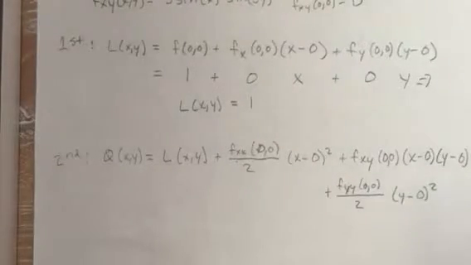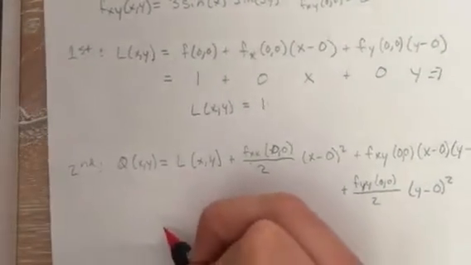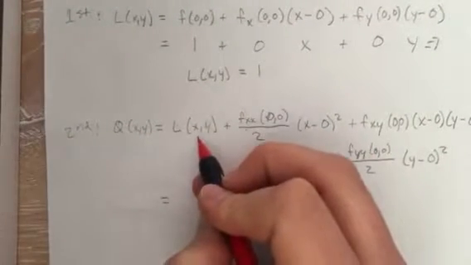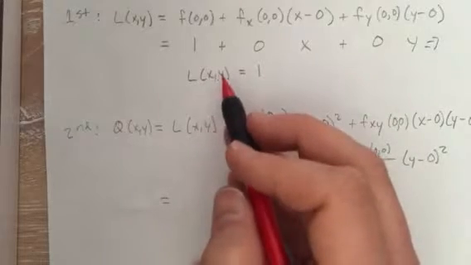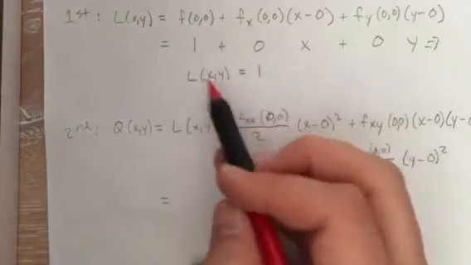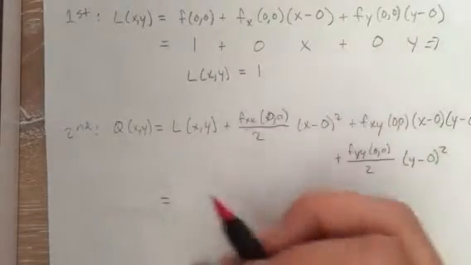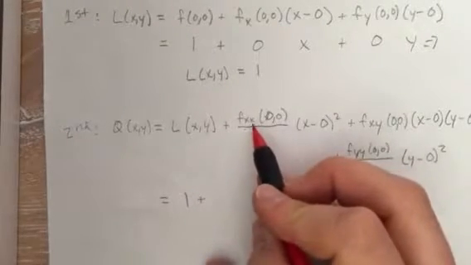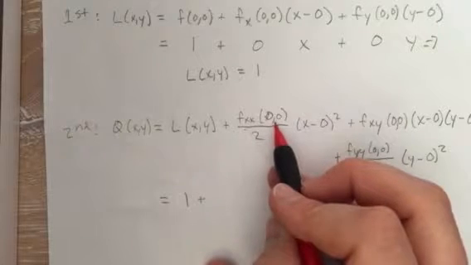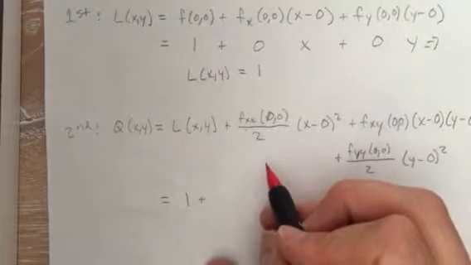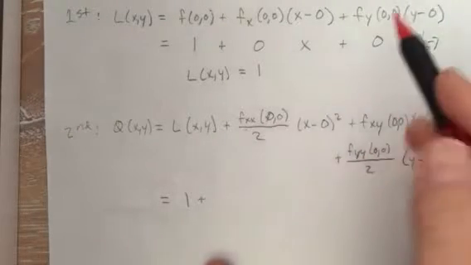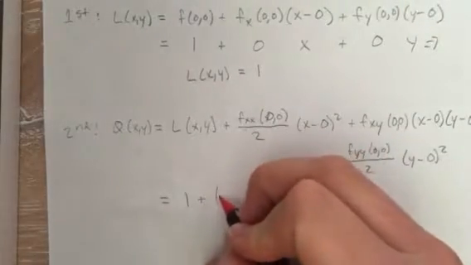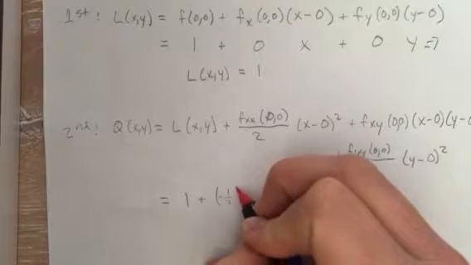Alright, now if we go and we plug everything in, so let's see, we have your L of xy, which is your equation that you found earlier, your first degree, which is just 1. So we'll put 1 plus your fxx at 0, 0 divided by 2, which if we look up here is negative 1 divided by 2, which is going to give us a negative 1/2.